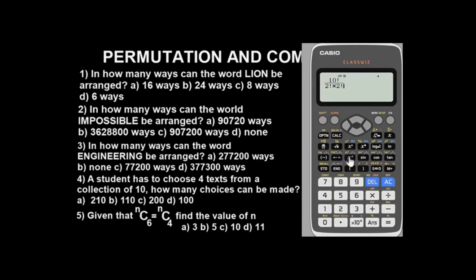That's as simple as that, guys. Whenever a letter is being duplicated, if the letter is duplicated twice or thrice, just indicate it at the denominator. In the case of impossible, 2 letters are duplicated twice. That's why we have it presented like this.